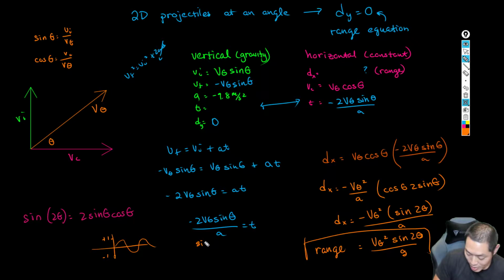So sine of 2 theta equals 90, or 1, is going to give me my biggest answer. So in this case, theta is going to equal 45 degrees. So at 45 degrees, that's going to give me my biggest number, because sine of 90 is 1. So 2 theta equals 90, which is 45.